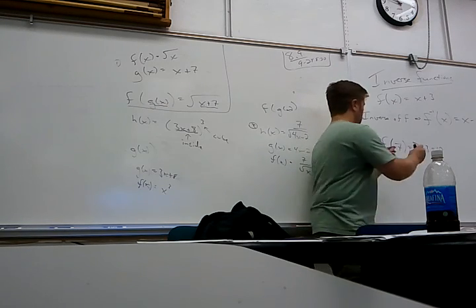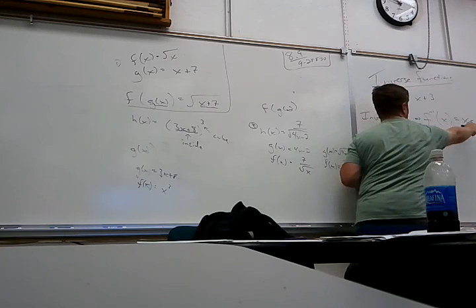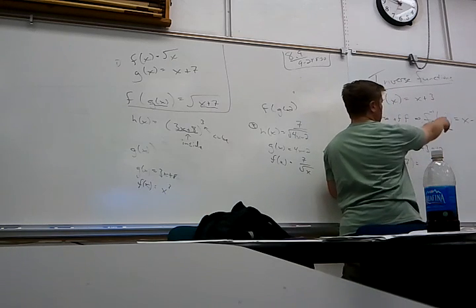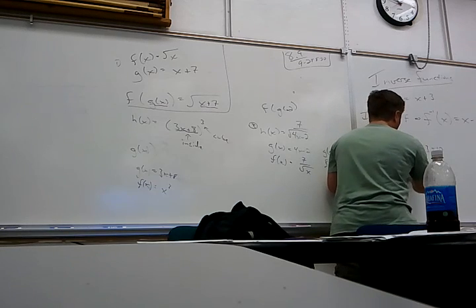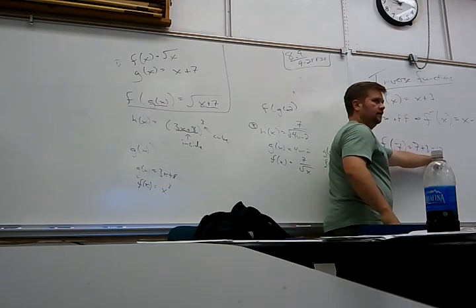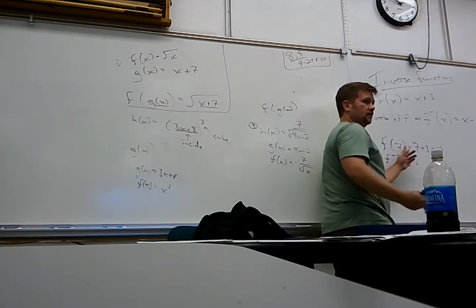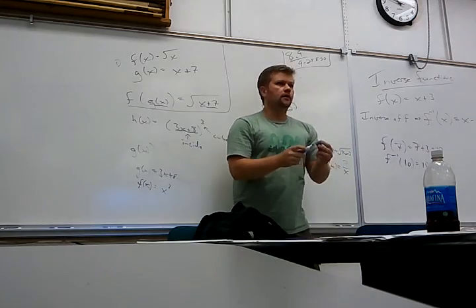Right? In fact, let's just do it. What do we get? F inverse of 10, my bad. 10 minus 3 is 7. It should take what the other guy did and get it back to where it was. And does it? Yes.